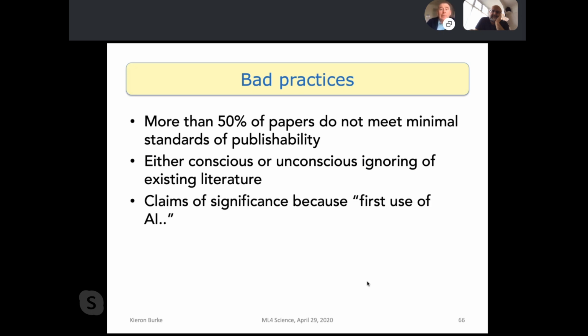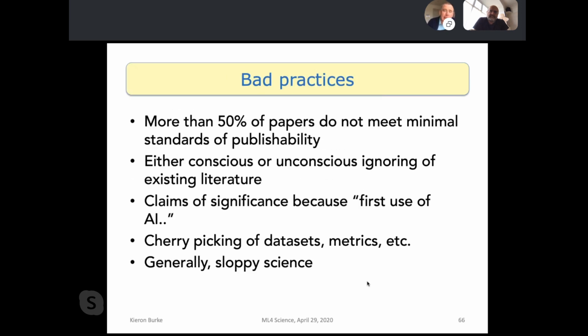Lots of claims of significance because it's the first use of AI. Well, okay, that's nice, right? But so what, right? Show me something you can do that was not possible before. There's lots of cherry picking of data sets, metrics, etc., right? And generally, I would call it sloppy science.